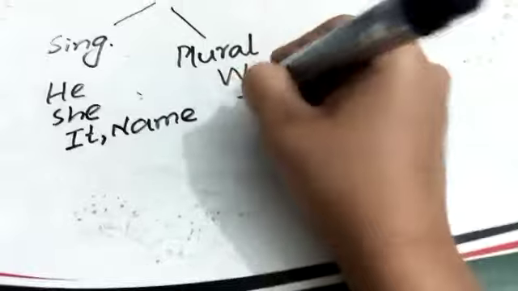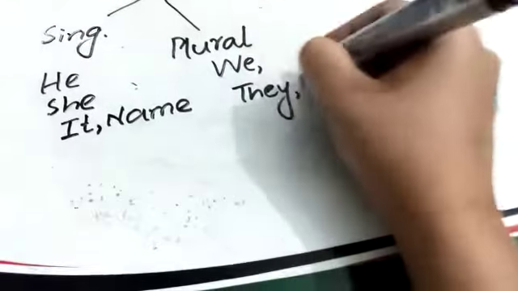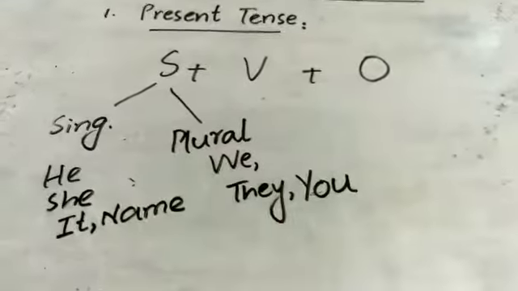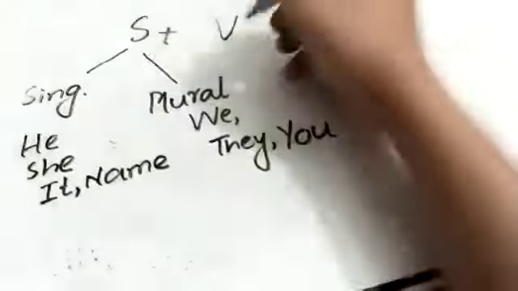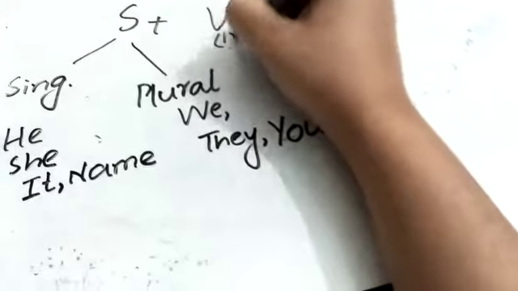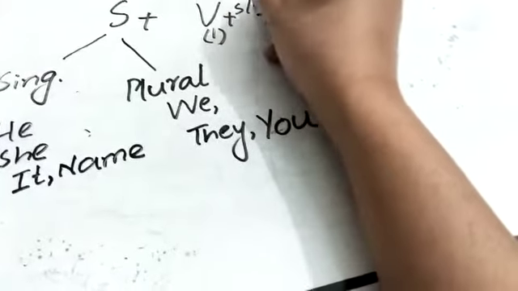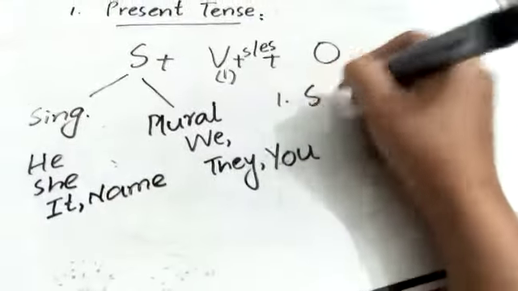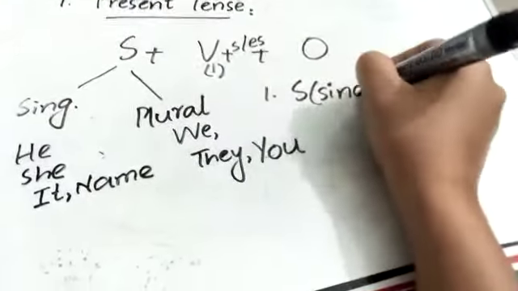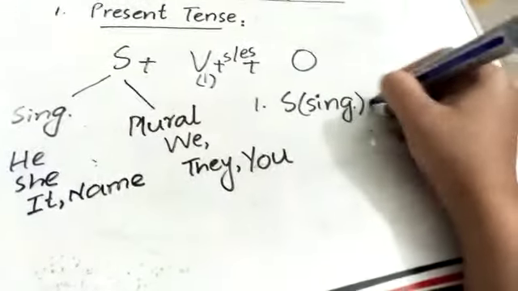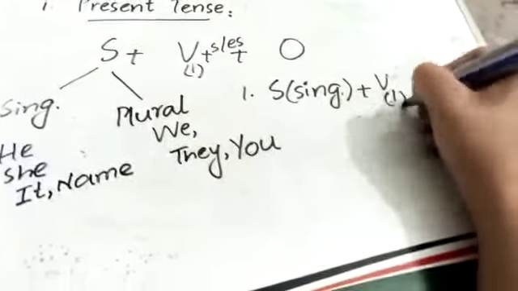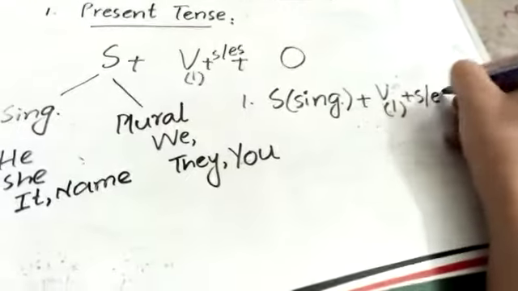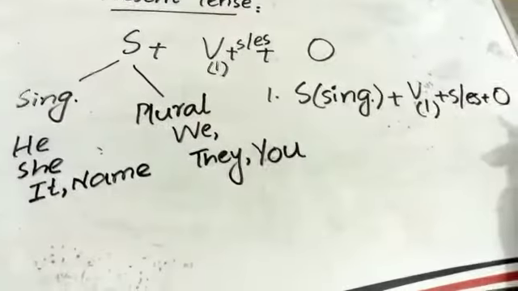And plural ones are we, they, you. So in a simple present tense, whenever the subject is singular, like he, she, it, or any name, we have to use verb first form with the addition of s or es, and then the object.